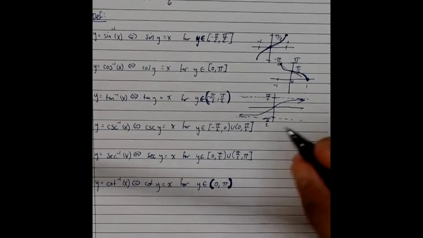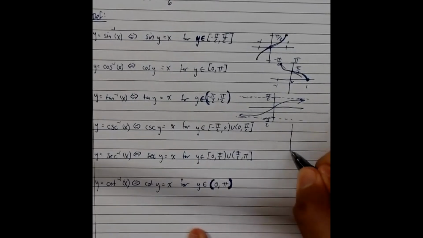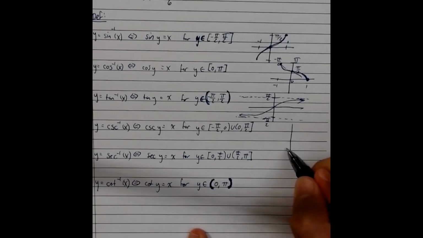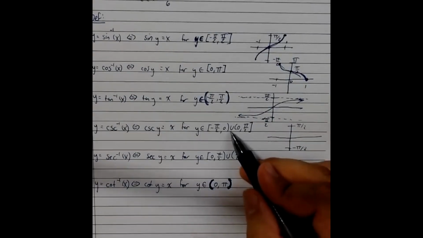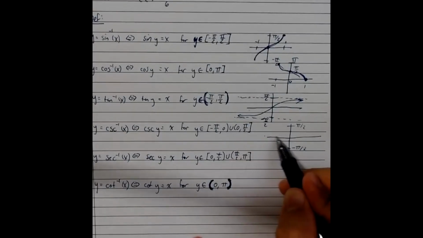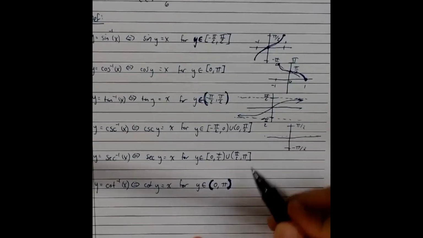The cosecant function, the y value is going to go from negative pi over 2 up to positive pi over 2. Like that. Note that we are going to be excluding 0, so it is going to have an asymptote there. Okay.